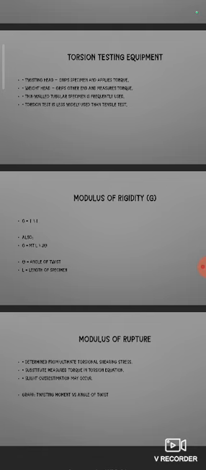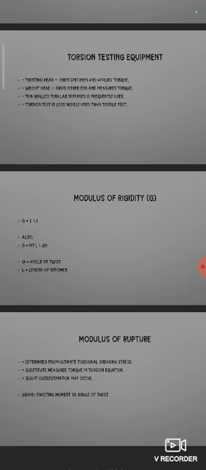From the torsion relation, G equal to tau divided by r theta, it can also be rearranged as G equal to Mt L divided by J theta, where theta is the angle of twist in radians, L is the length of the specimen, J is the polar moment of inertia, and Mt stands for applied torque. The modulus of rigidity indicates the material's resistance to shear deformation. Higher G means the material is more rigid, lower G means the material is less rigid.